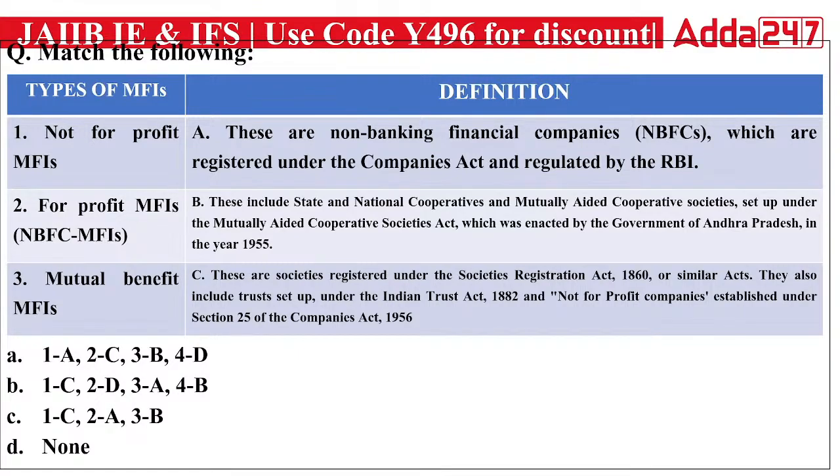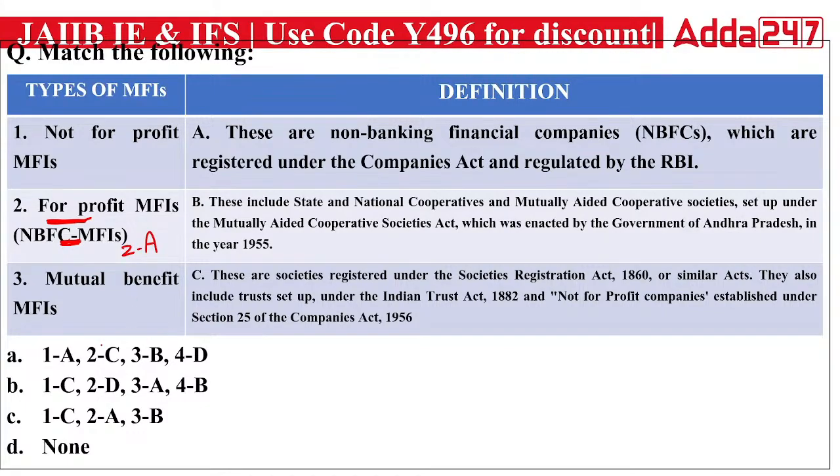When you read the first definition, you will find that they are regulated by RBI. Out of these three types, only for-profit microfinance institutions, or NBFC MFIs, are regulated by RBI. So your second will be the combination of A.